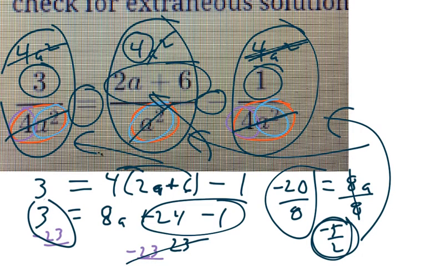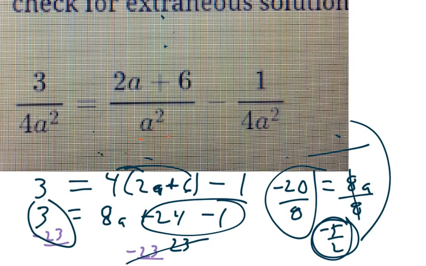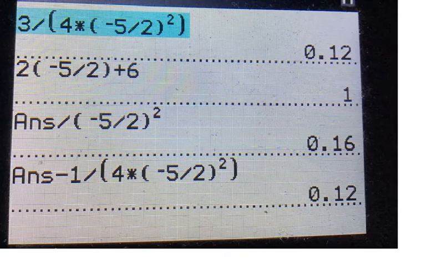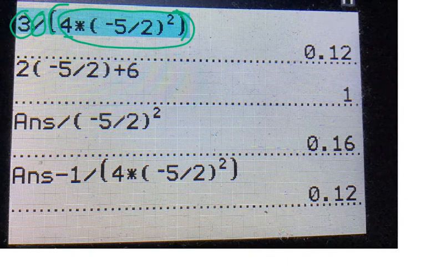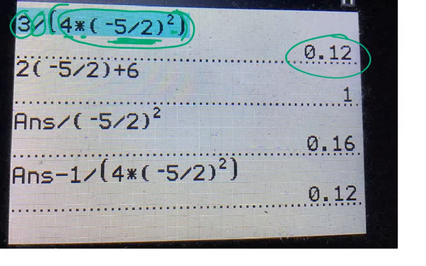Looking at our first expression, which I circled in green, I'm going to put negative 5 halves in there for a. I have 3 over a fraction. Notice I had to use parentheses to put all of that together. There's my 4 times my a squared. I get 0.12 as a result. Just stay with me, guys.